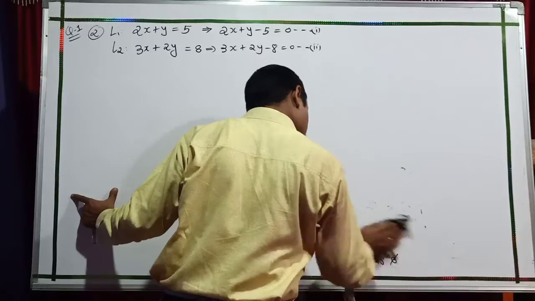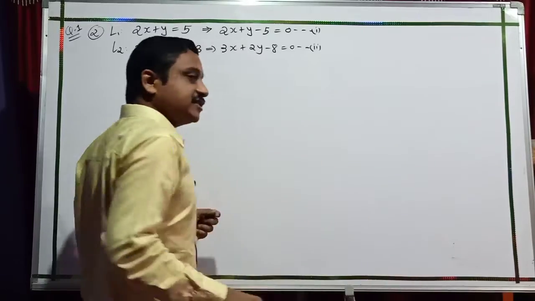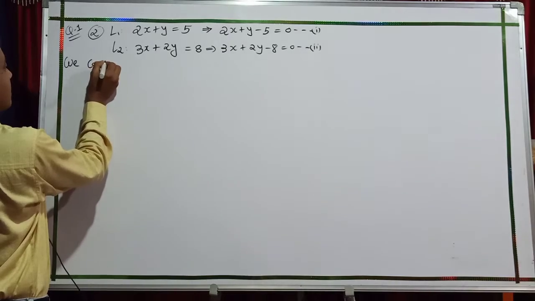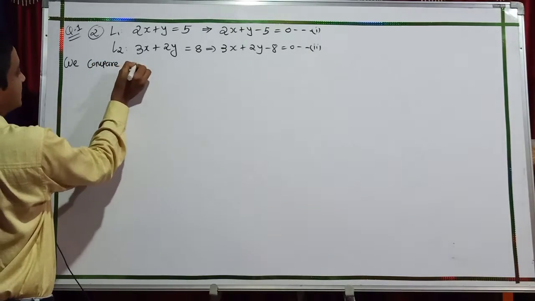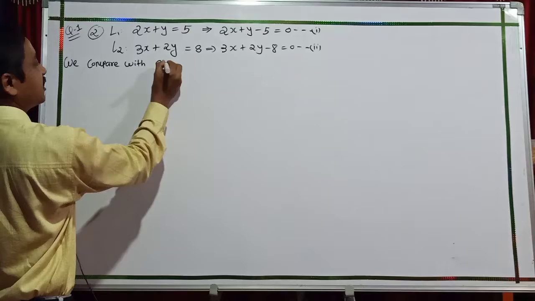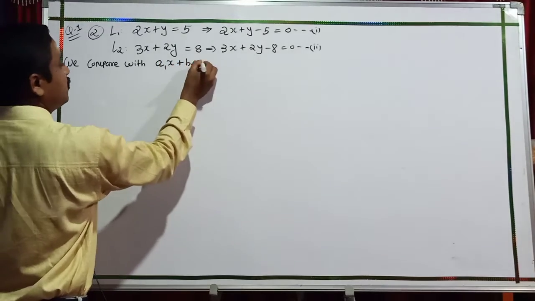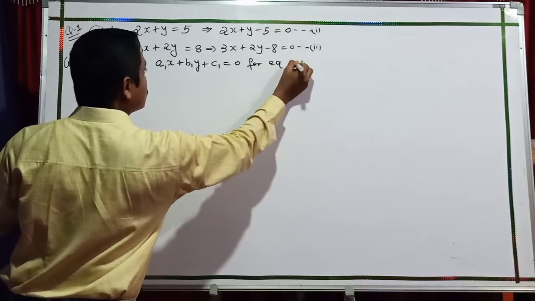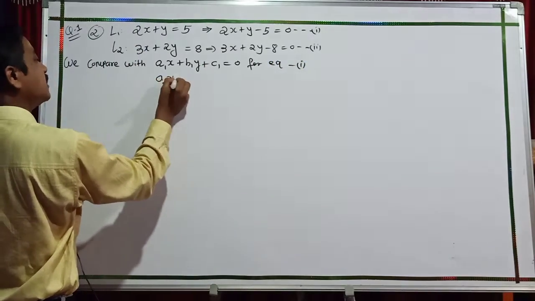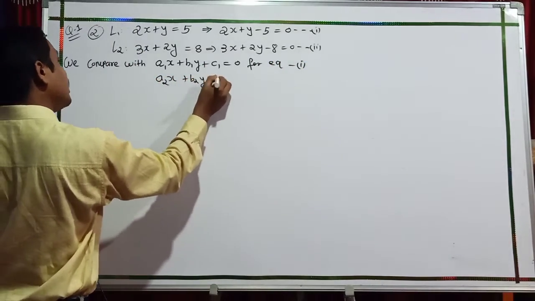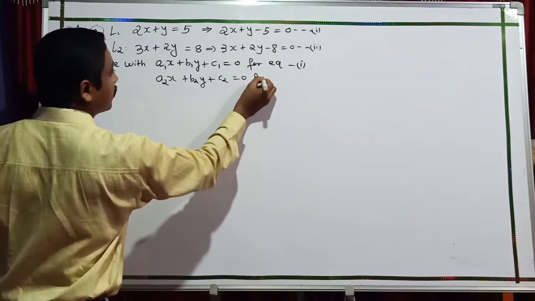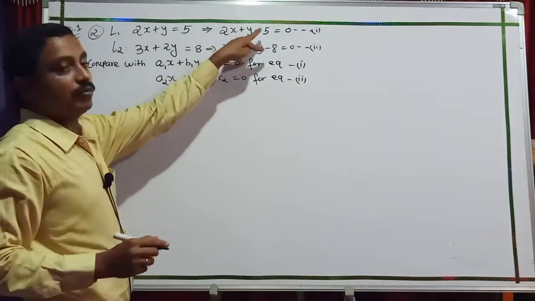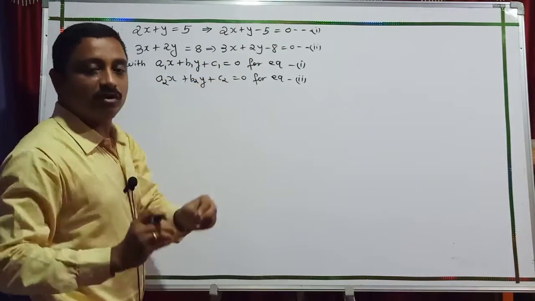So first of all I go to the comparisons, students. We compare with the standard equation a1x plus b1y plus c1 equal to 0 for equation 1 and a2x plus b2y plus c2 equal to 0 for equation number 2, and you just follow our a1, b1, c1 values.